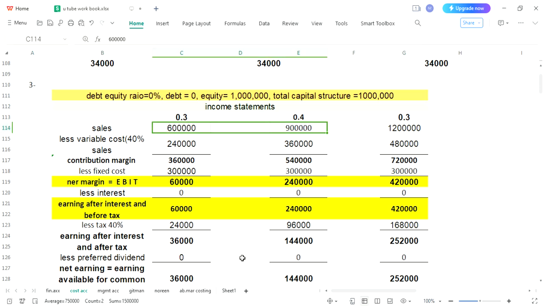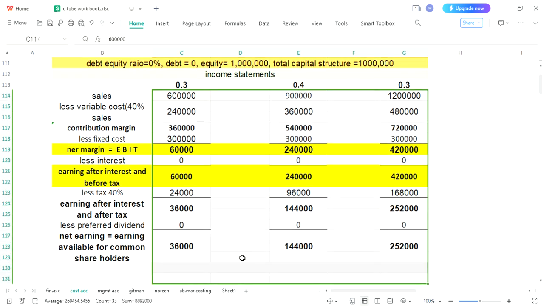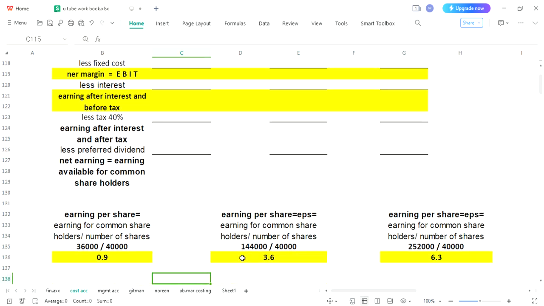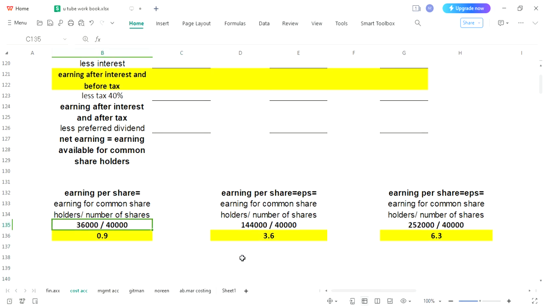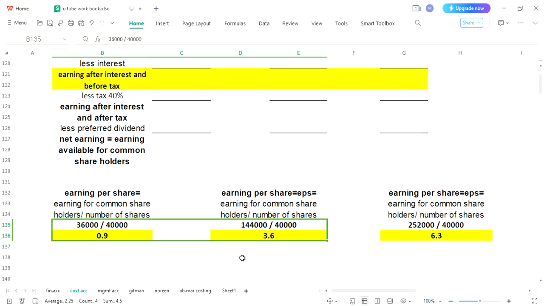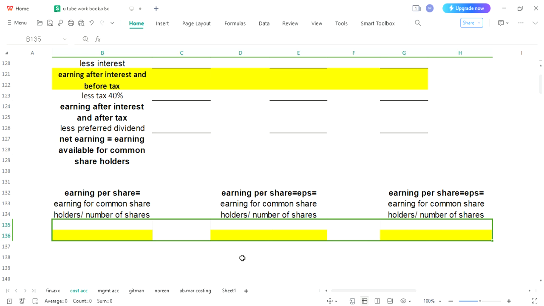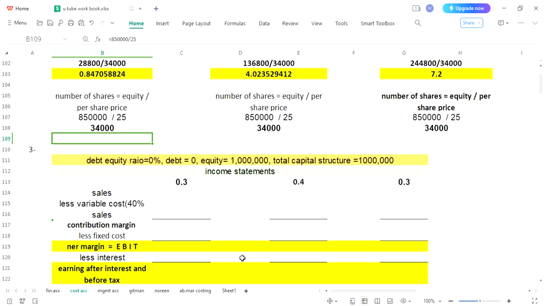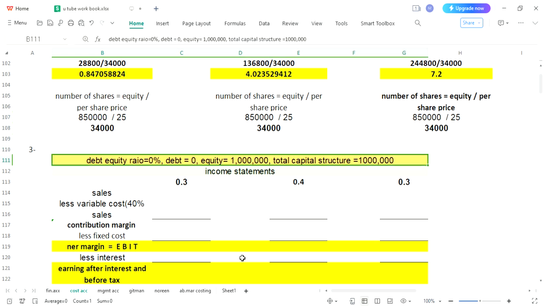These inputs were related to the previous part, so let's delete them, and earning per share was also related to previous parts, so let's delete them, and this main statement is very important to know what we are going to do.